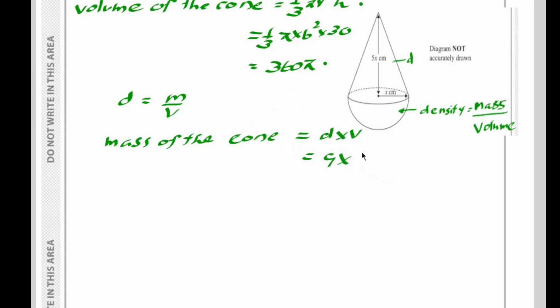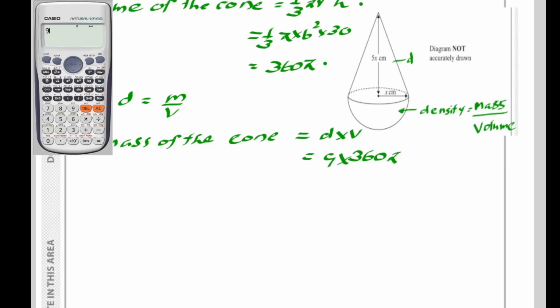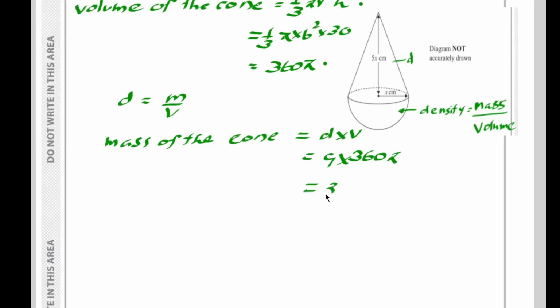Volume we got now, 360 pi. 9 into 360 pi becomes 3240 pi. We have the mass of the cone, and we've been given the total mass, so I can get the mass of the hemisphere.